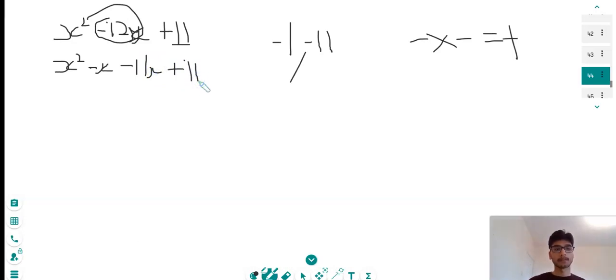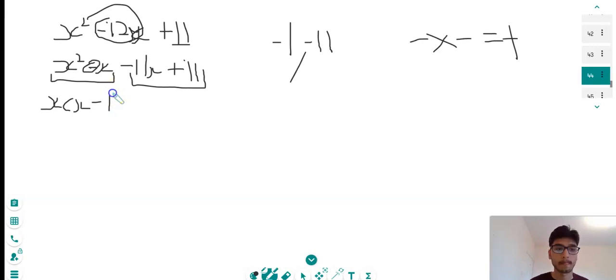So now we split the middle term, and now what we need to do is factorize as we did last time, split it into two sections. So we have x outside, x times x gets you x squared, and then inside it has to be minus 1 this time because there's a negative. So x times minus 1 gets you minus x.